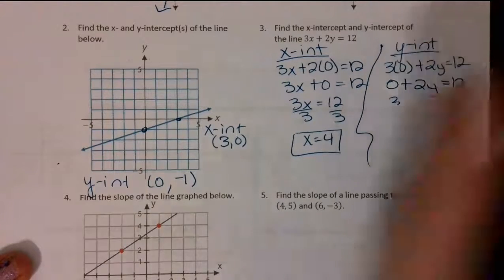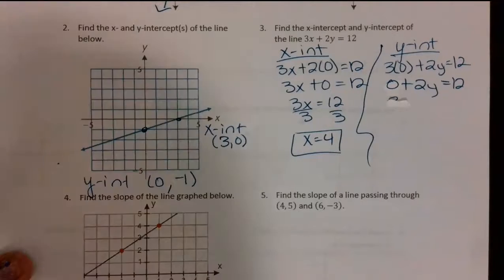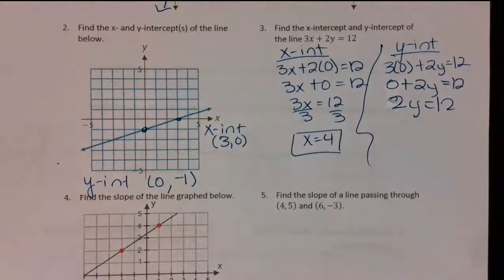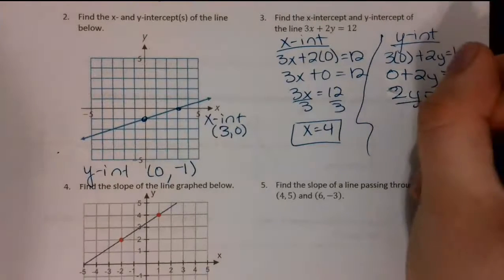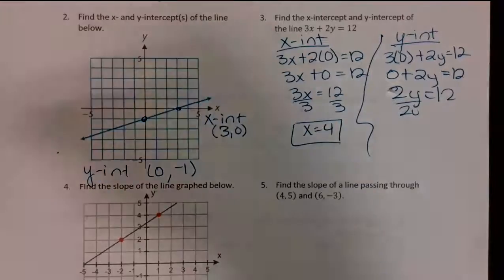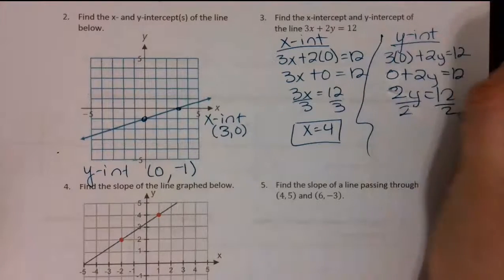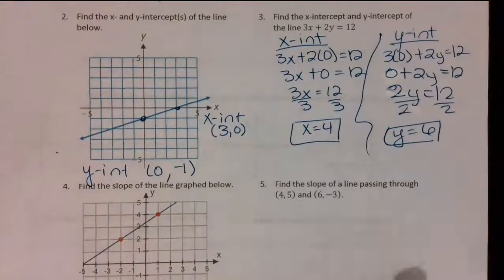And then that can be rewritten as 2y equals 12. Then what I want to do next is divide everything by 2. And I get y equals 6 for my y-intercept.